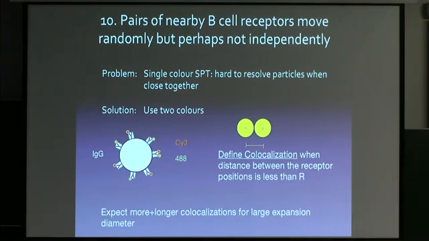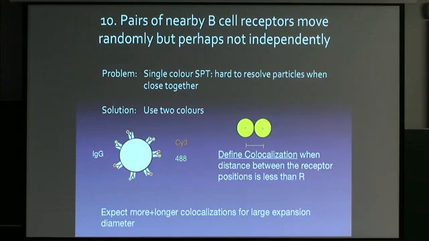However, if one thing is green and one thing is red, they can be close together and we're able to image successfully. So we labeled our resting B cells, in this case the follicular cells, with red on the IgD and green on the IgM.